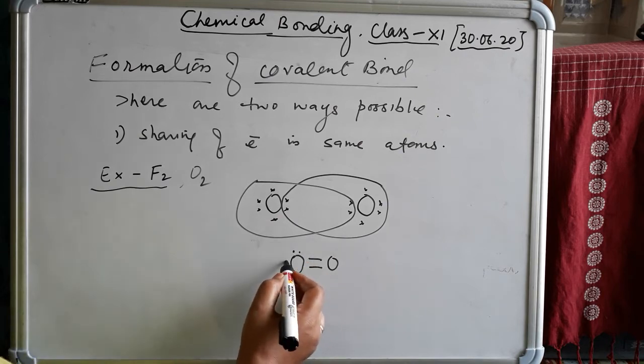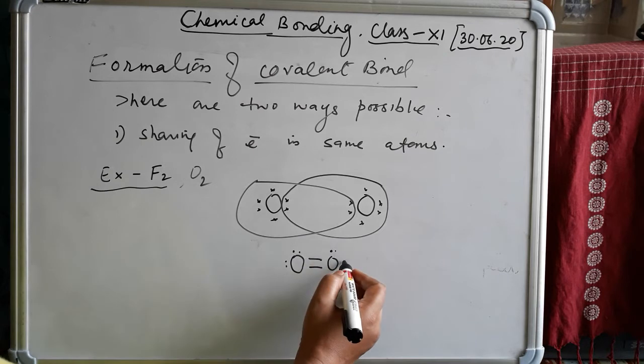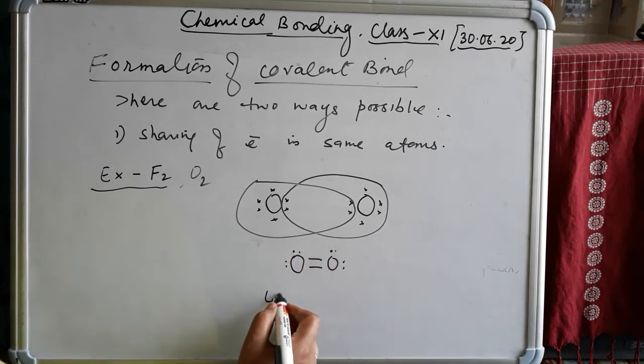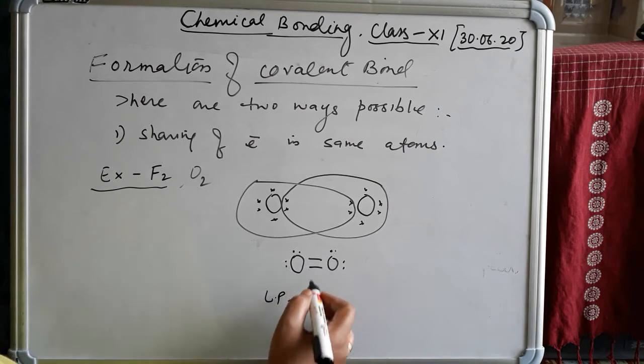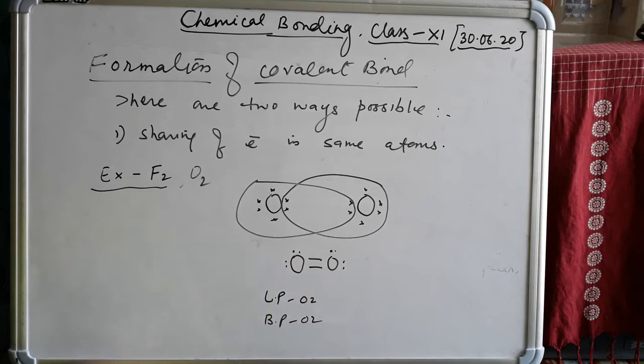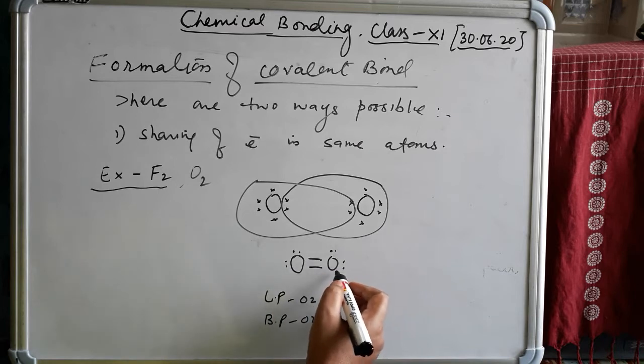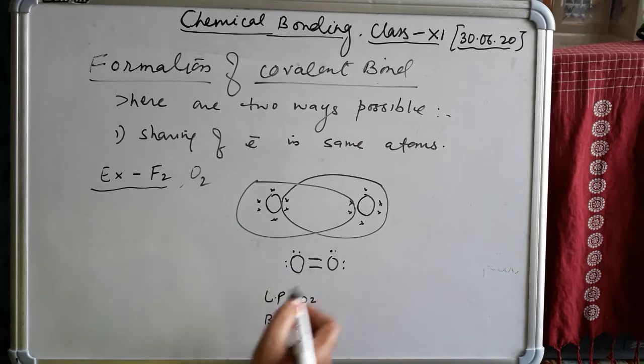And how many lone pairs? Total lone pairs is 4 and bond pairs is 2: 2 lone pairs on this oxygen atom and 2 lone pairs on the other oxygen atom, and 2 bond pairs present in this molecule.